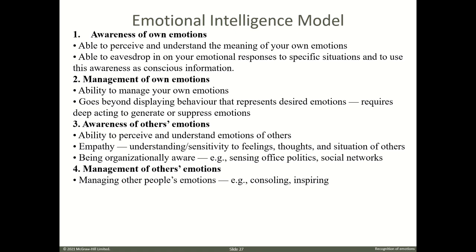Now after being aware of your emotions, how to manage them? The ability to manage your own emotions goes beyond displaying behavior that represents desired emotions, and requires deep acting to generate or suppress emotions. So what is the requirement to manage? Deep acting. Acting means doing activity, means implementation, and to generate, to create emotions or to suppress emotions, that is the management.